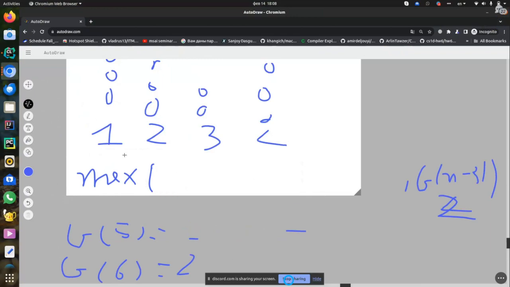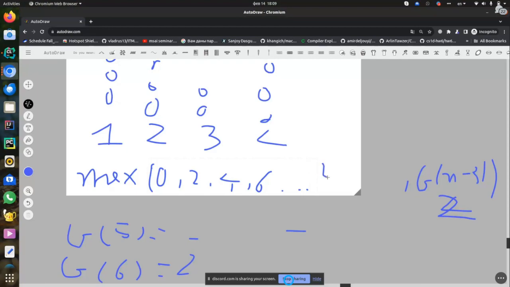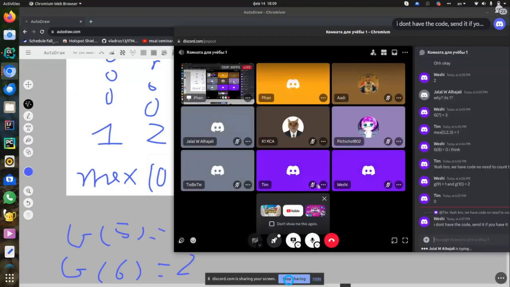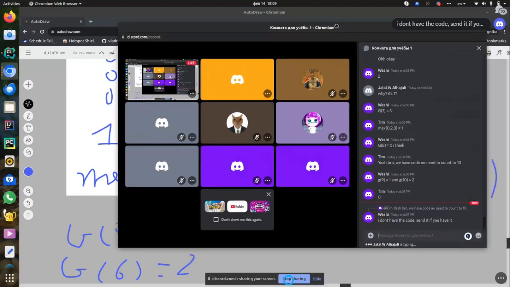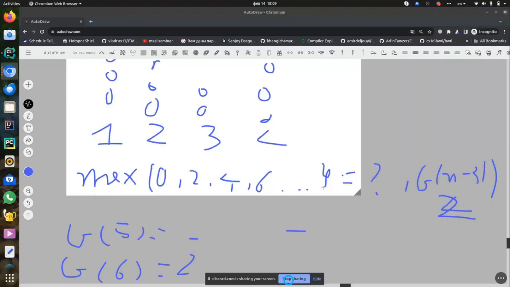If 0, 1, 2, and 6. What would be the result here? I just want you guys to understand how to calculate the values.